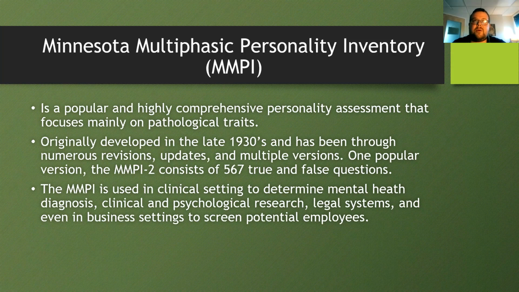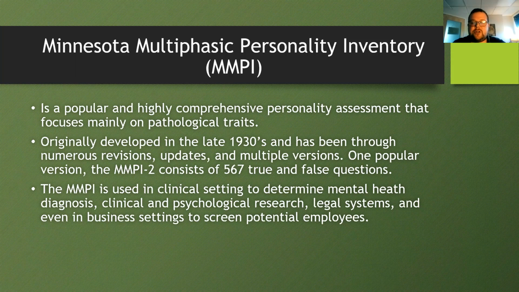So we'll talk more about that in Module 4, but it really takes the view that individuals are going to be pathological and that pathology is rather stable, rather than there being situations or growth depending on that. There's been a number of revisions, a number of updates, and there are multiple versions.